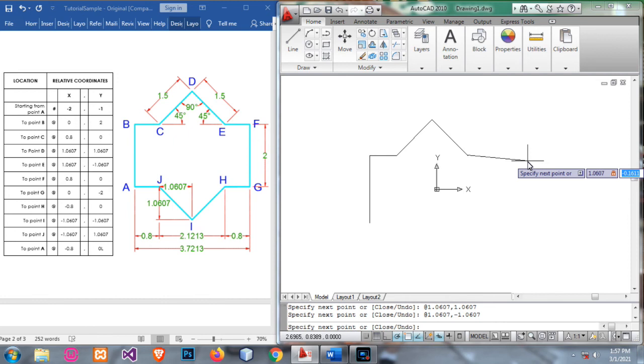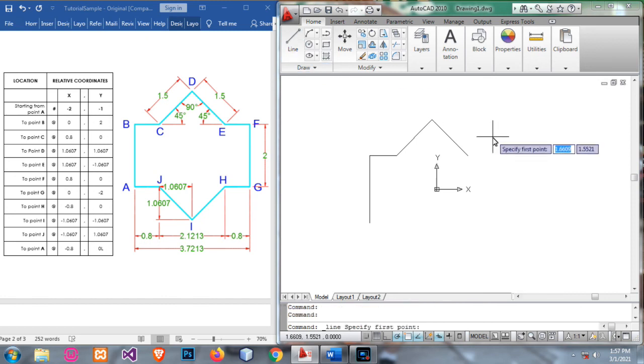I'm sorry, we input the wrong value. In this case, I typed a wrong value for your E to F segment. So we will just press the escape key to cancel the command, and then use the line command again.